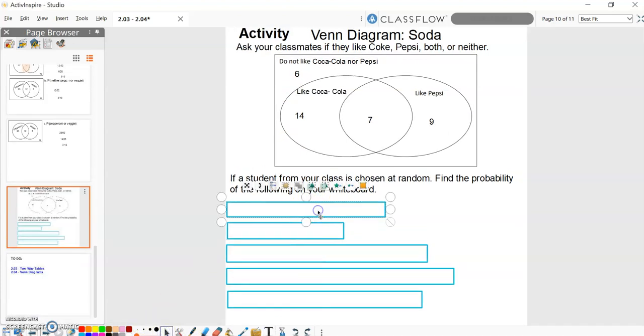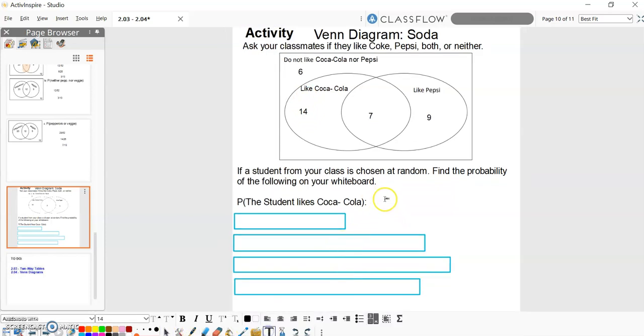I'm going to grab this and delete it. The student likes Coca-Cola. Well, that's going to be 14. It's right here. And we have how many students? 14 plus 6 is 20. 7 and 9 is 16. So 20 plus 16 is 36. They're both even, so we can divide by 2.